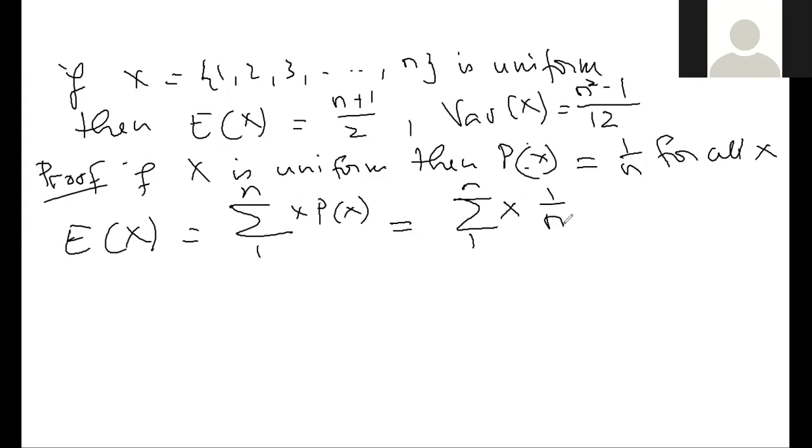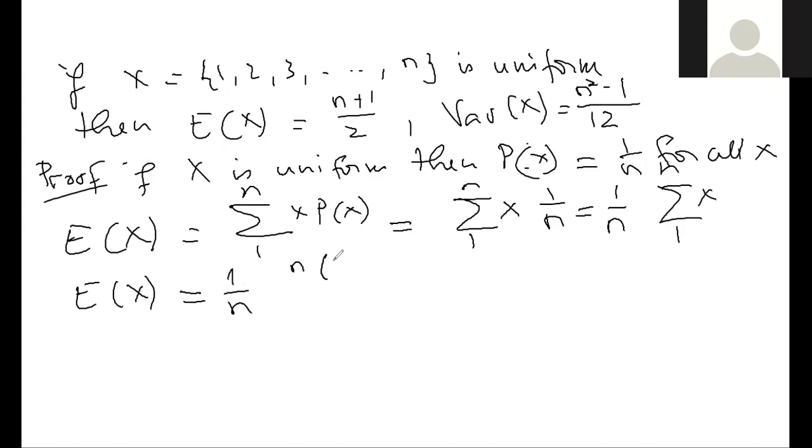Because the distribution is uniform, the probability is the same, which is 1 over n, times the sum from 1 to n of x. And this is what we did last time. This sum is n times (n plus 1) over 2. And this gives us (n plus 1) over 2.